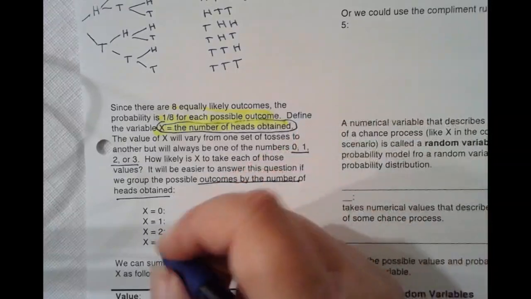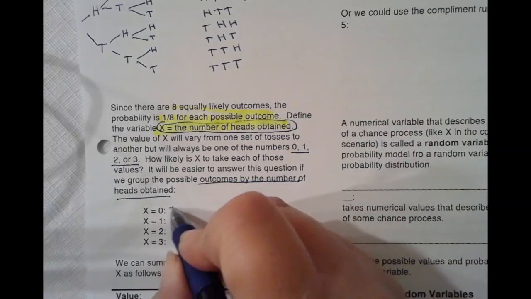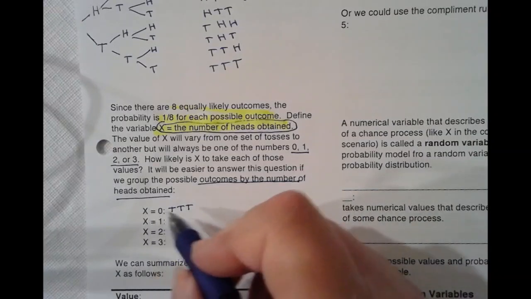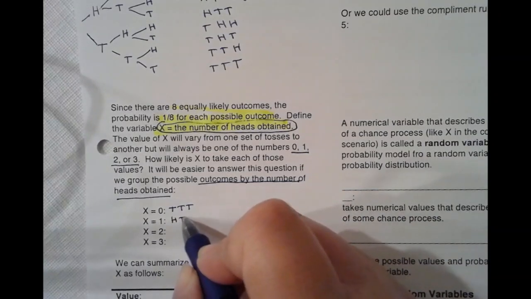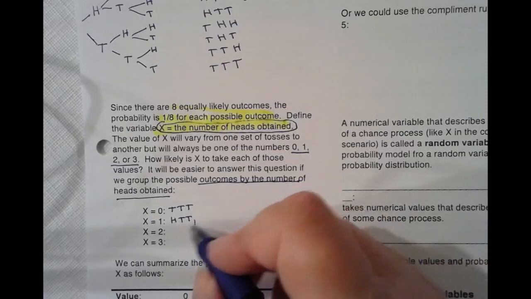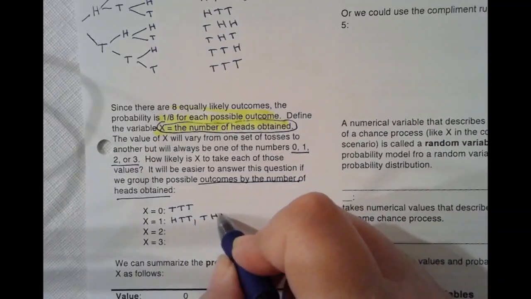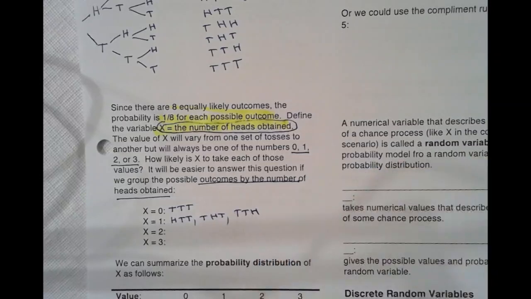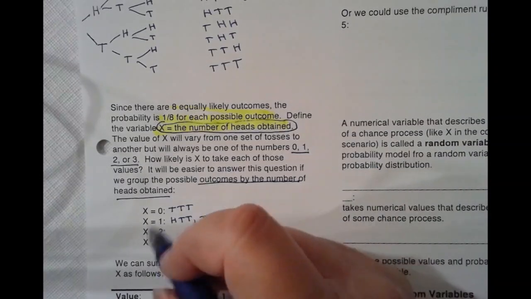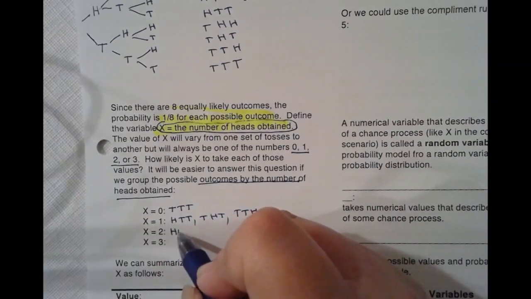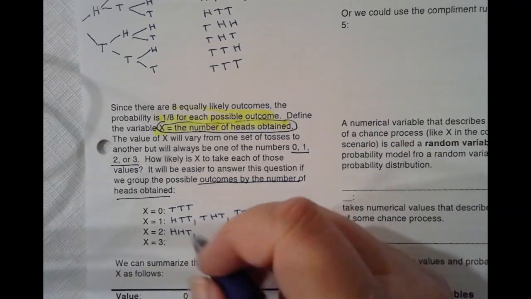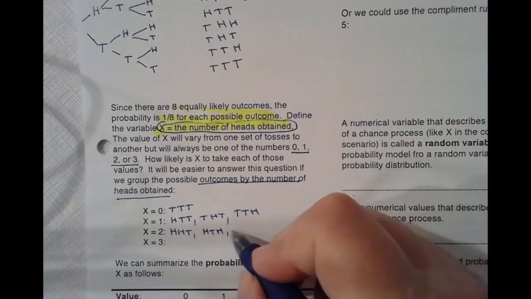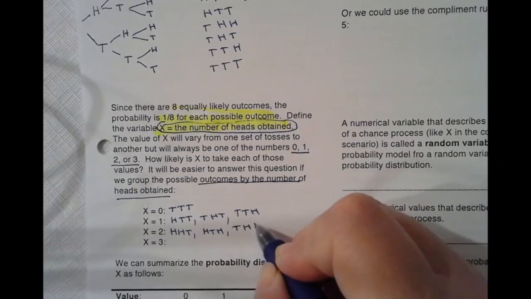So 0 means that I have all 3 tails. If I get 1 head, that means I would have heads, tails, tails, or tails, heads, tails, or tails, tails, heads. To get 2 heads, my choices can be heads, heads, tails, heads, tails, heads, and tails, heads, heads.